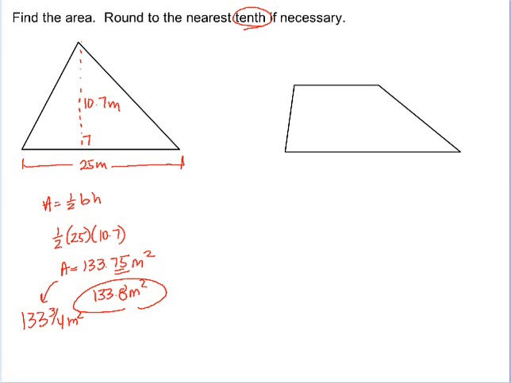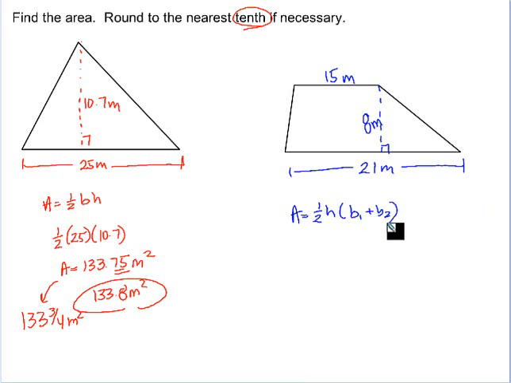Okay. Our next example is a trapezoid. And here we're given that this is 8 meters, this is 15 meters, and this is 21 meters. So our formula for a trapezoid is 1/2 height times base 1 plus base 2. Now we know all the information, so 1/2 times our height of 8 times our base 1, 15, plus our base 2, 21.